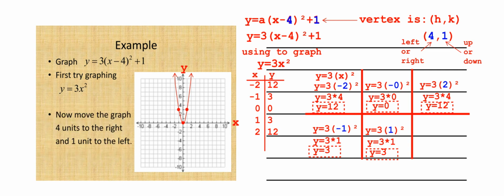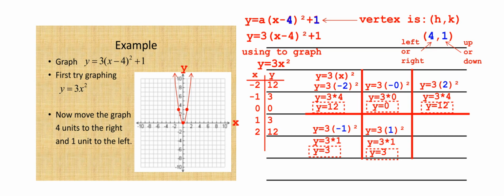So now let's try moving the graph 4 units to the right and 1 unit to the left. Whoopsie, sort of a mistake on my part. Be careful with those, right? I know it's kind of confusing. Now let's get a little bit more straightforward. My 4 value, that is my x value. My x value moves it 4 units to the right because it's positive in my coordinate value form.